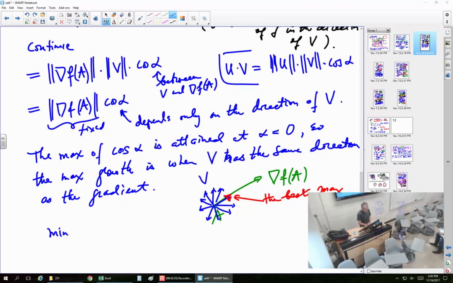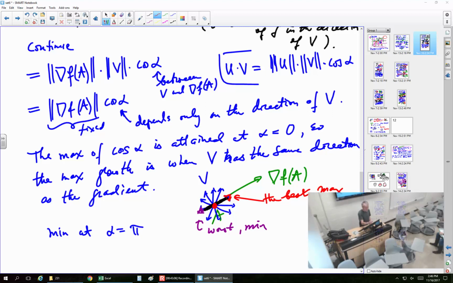It is a minimum at alpha equal pi, which means that it is the opposite direction. So this is the worst, the minimum. Naturally they're in opposite directions of each other, and we are then climbing. We choose to climb either up or down, and this is roughly how it works out.